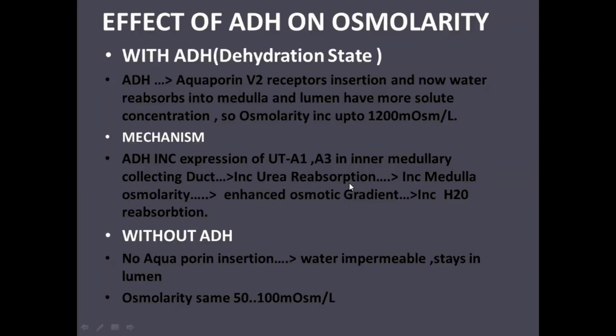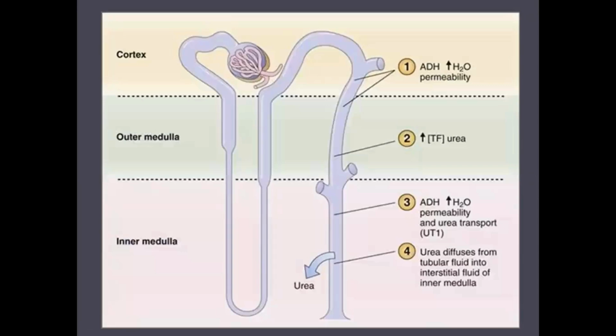Now, I will explain. ADH comes and first of all incorporates urea transporters. More and more urea from the lumen is reabsorbed into your interstitium, and osmolarity increases. And whenever water sees a segment which has increased osmolarity, water will move towards that segment.